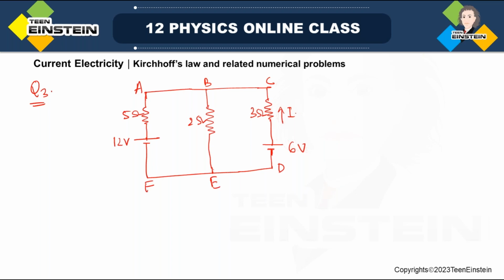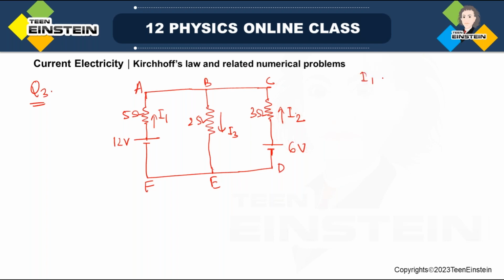The question is, using Kirchhoff's law in the electrical network shown in this figure, calculate the values of I1, I2, and I3. So this is given I2, this is given I3, and this is given I1.